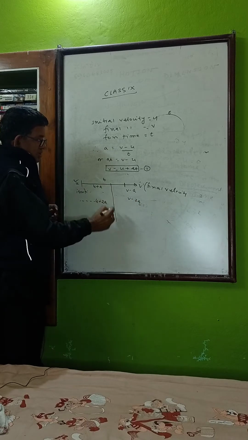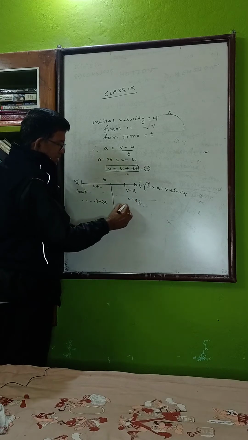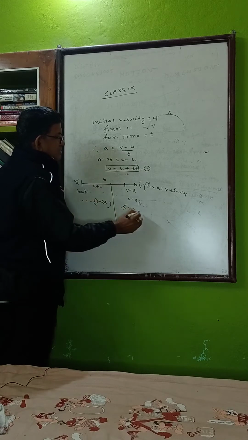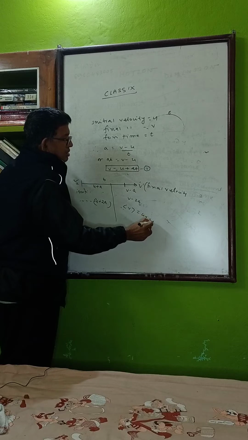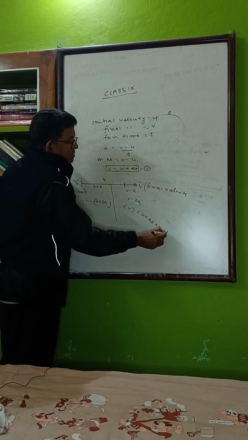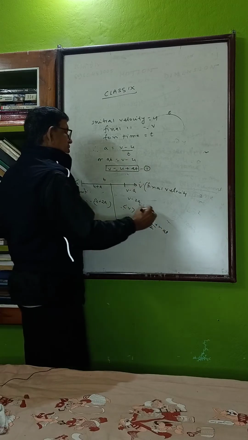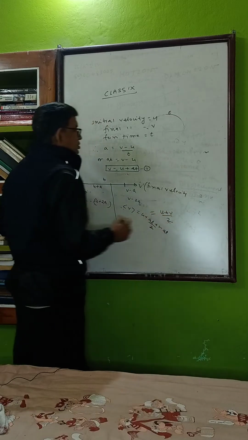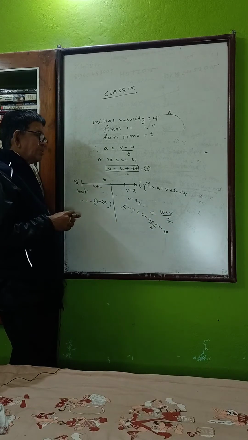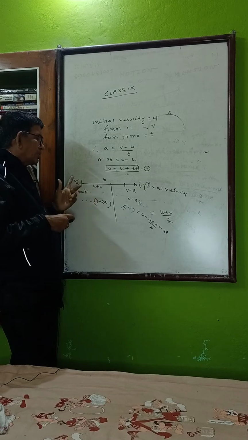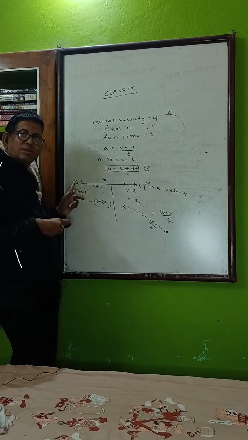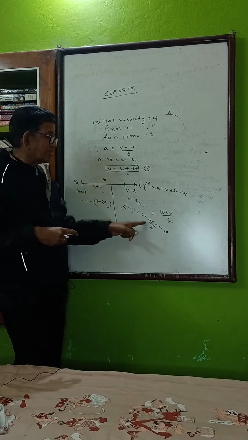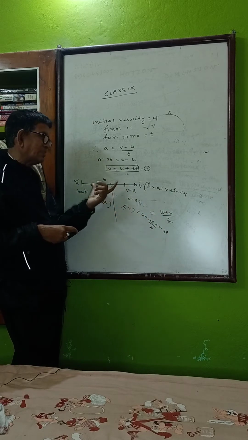In this way, if you consider, you see average velocity equals u plus at plus v minus at by 2. That is equal to u plus v by 2. So we may say that although initial velocity is u and final velocity is v, it is as if the particle is moving with average velocity u plus v by 2 for the time t.